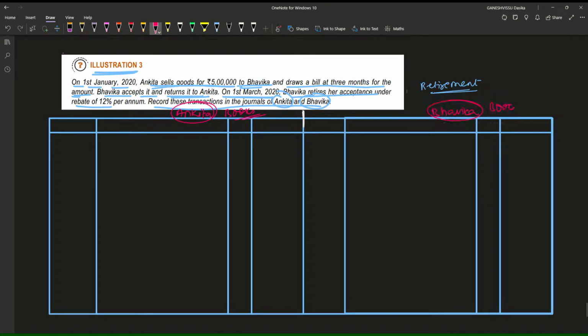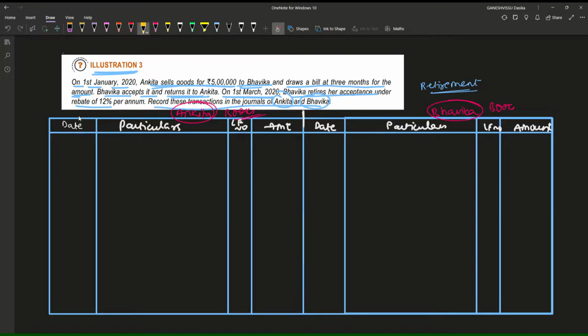Let us have here the same things. So here I am writing date, particulars, LF number and amount. Here in the books of Bhavika again I am writing the same columns, date, particulars, LF number, amount in rupees.